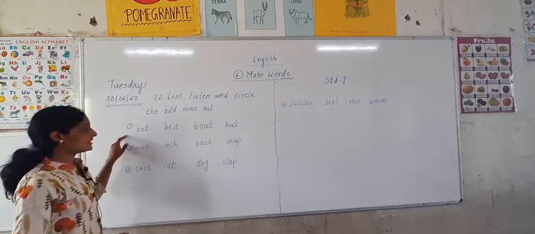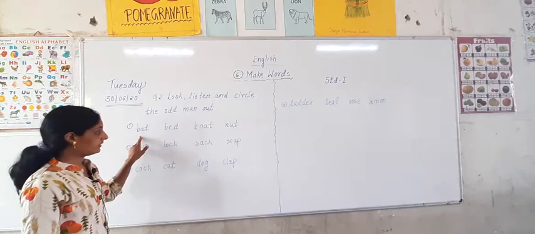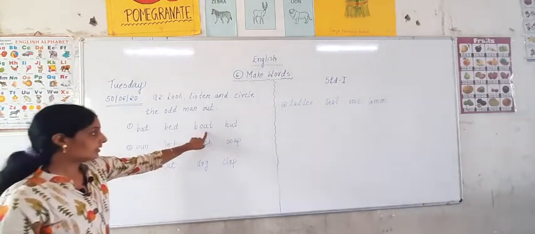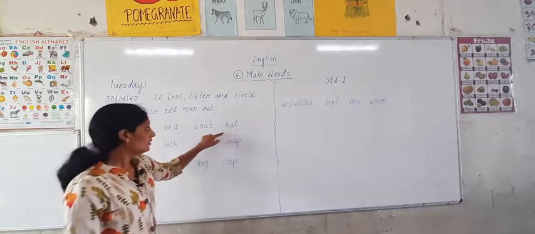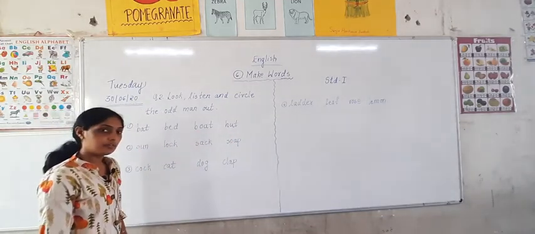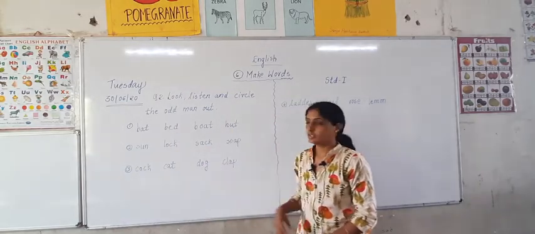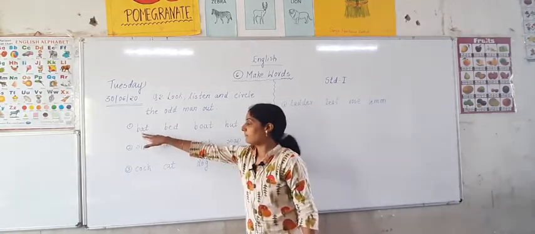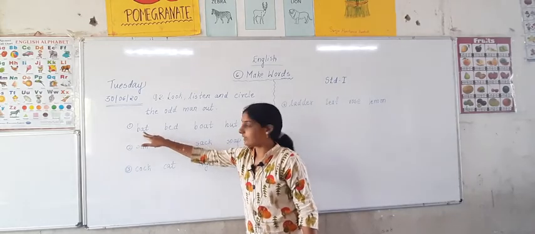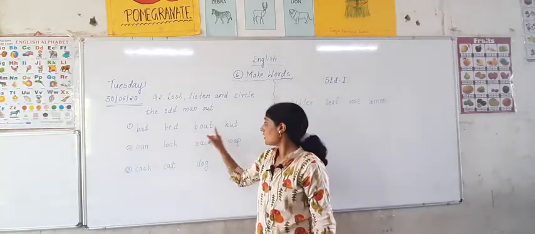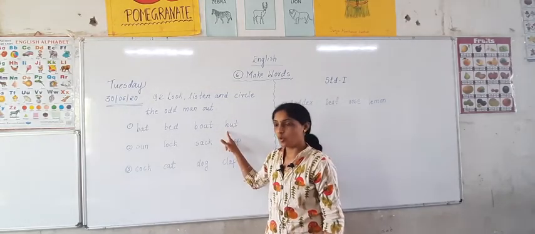Now here the first example is BAT bat, BED bed, BOAT boat, HUT hut. Which word sounds different among all four words?